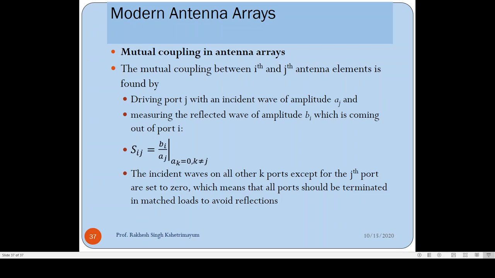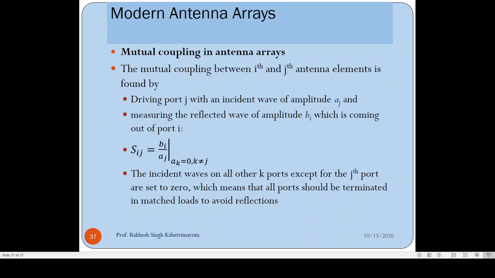So in that case, we are doing a lot of research with one of my PhD students. We are trying to explore antenna arrays in which the spacing between the antenna elements is smaller and smaller. We have gone up to 0.1 lambda distance between the antenna elements. Usually conventional is lambda by 2, but we have reduced the inter-element spacing to around 0.1 lambda.